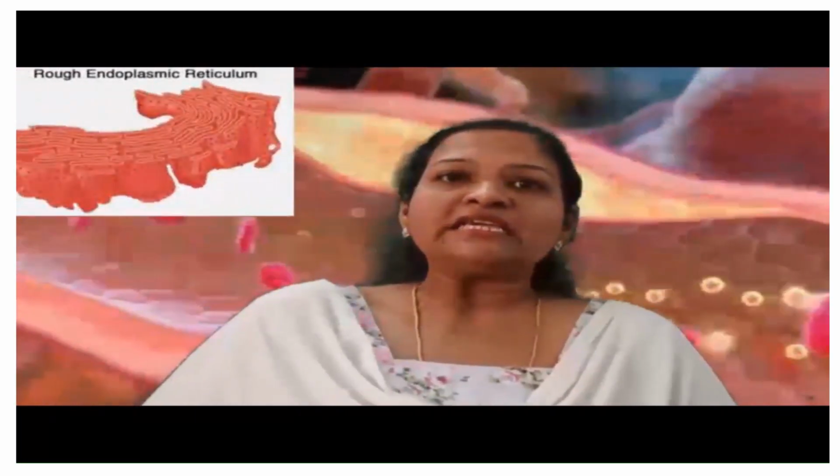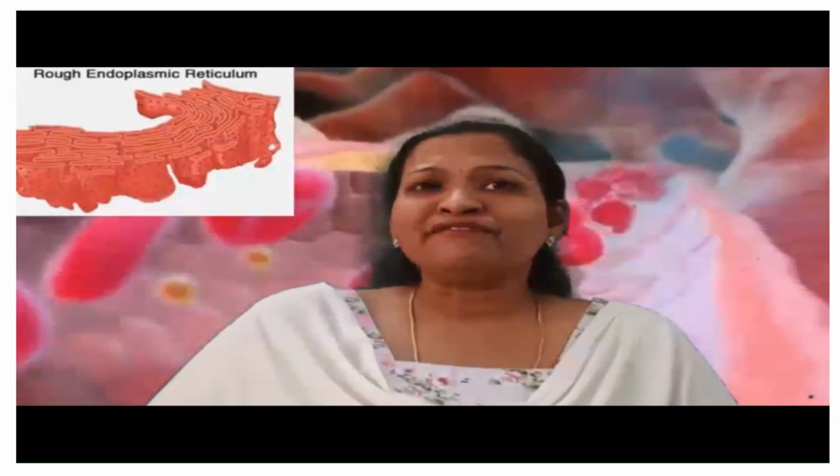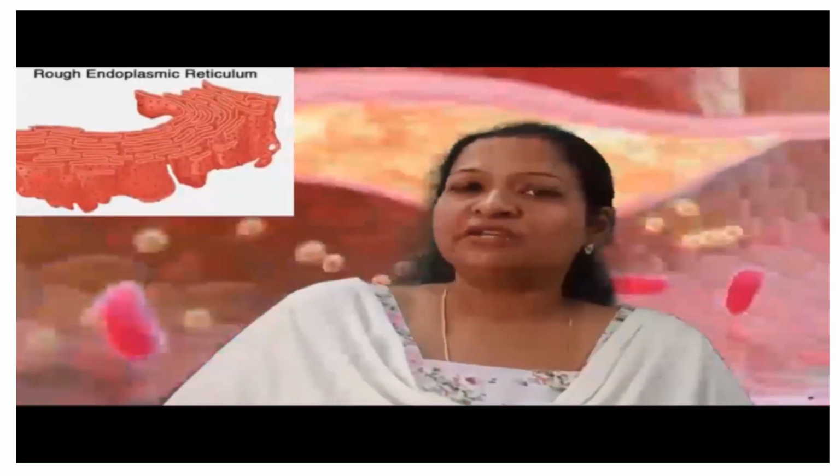It might wander freely in the cytoplasm, or it might get attached to a new organelle known as endoplasmic reticulum. If ribosomes are attached to the endoplasmic reticulum, we call it as rough ER, a short abbreviation used for endoplasmic reticulum.